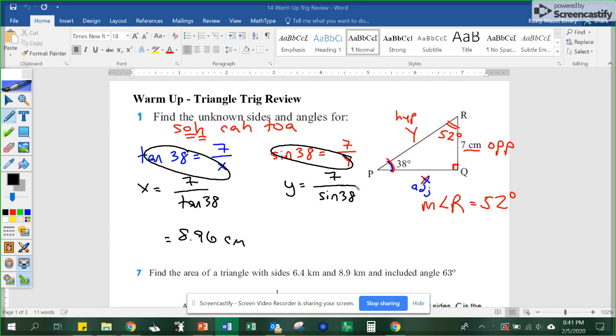And again, once you do the calculation and round to 3 sig figs, we end up with 11.4 centimeters. And that is the rest of the triangle that we needed to solve for.